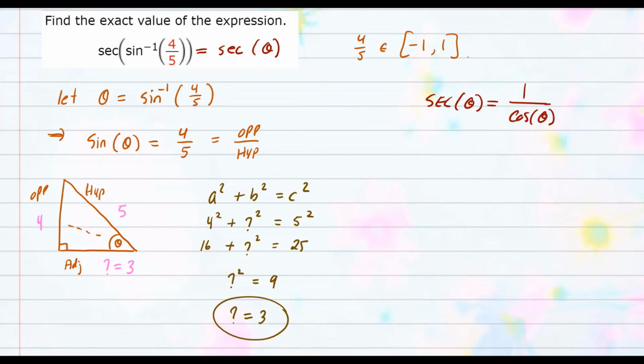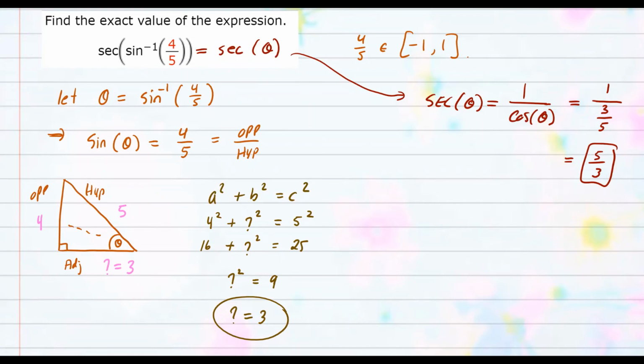Cosine is adjacent over hypotenuse. So this would be adjacent, which is 3, over hypotenuse 5. So 1 over 3 over 5 simplifies to 5 over 3. That will be the exact value of secant theta.